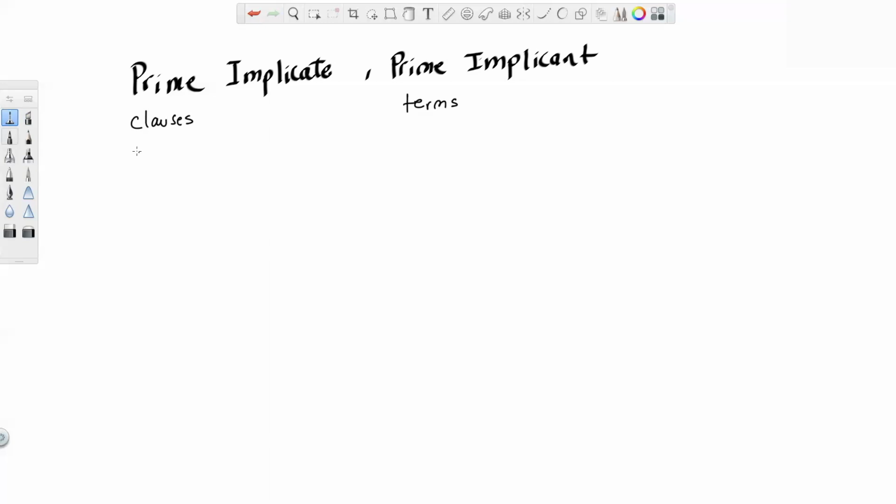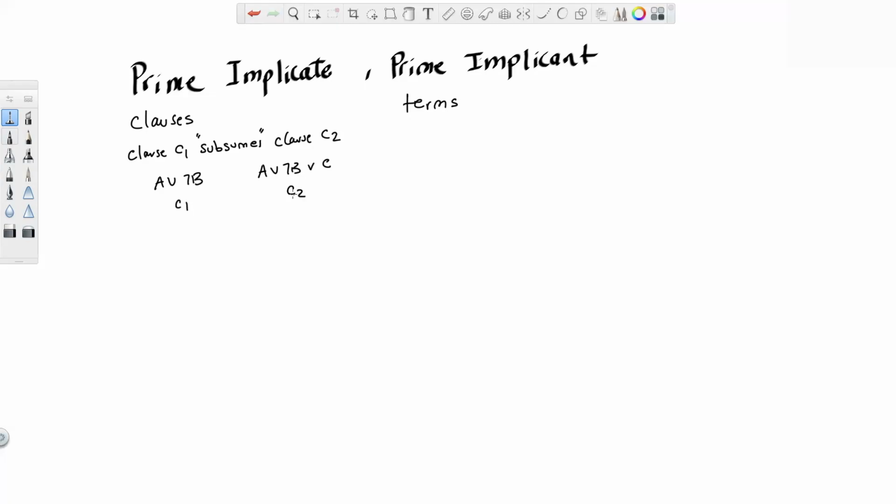So the first thing here is the definition of when a clause C1 subsumes another clause C2. Right? And let's take an example of that, because this notion of subsumption is very key in these definitions. So let's say I have this clause A or not B, and then I have this clause A or not B or C, and let's call this C1 and this C2.